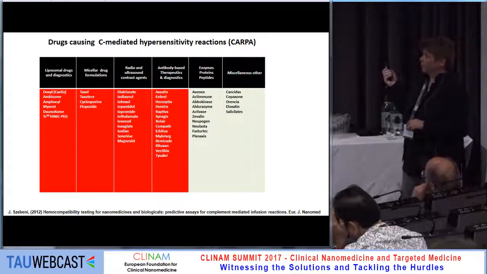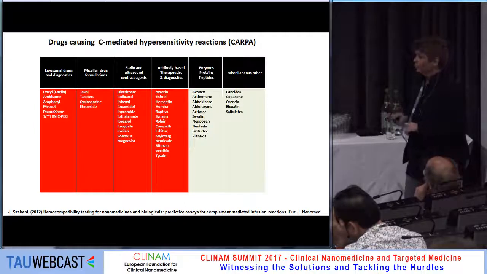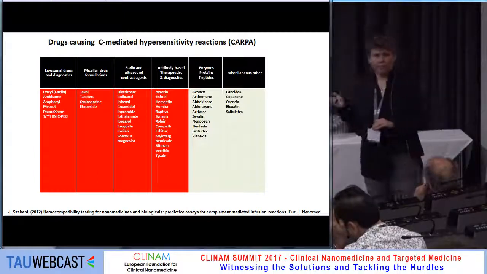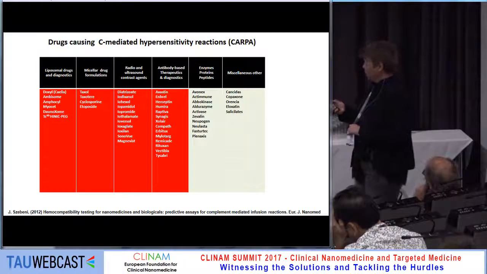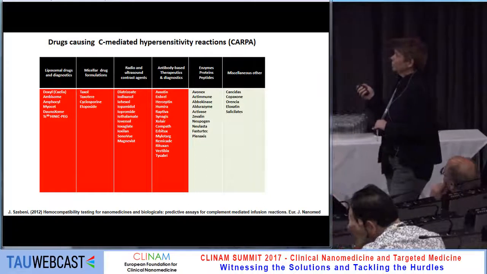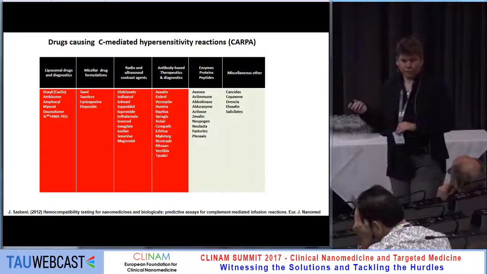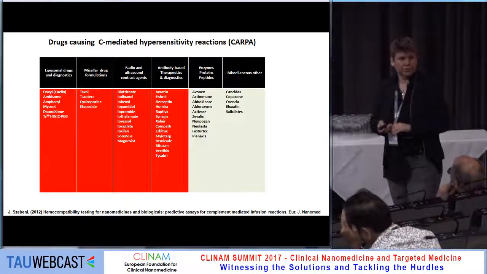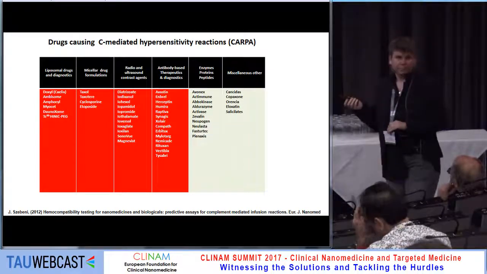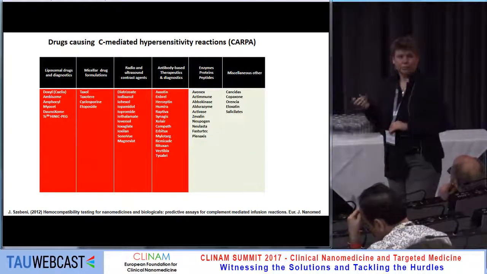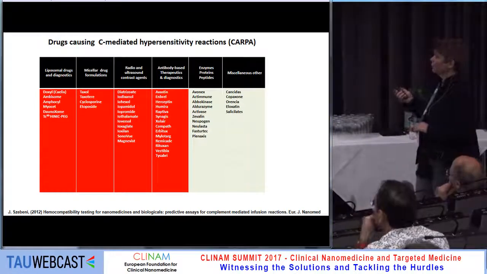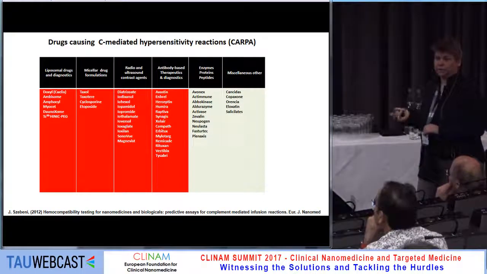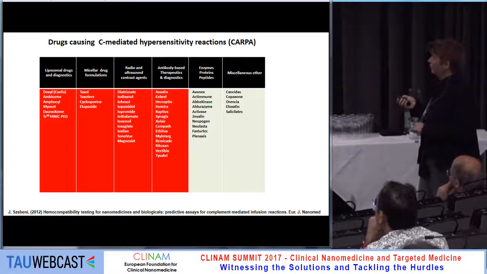But based on what I saw today from Moeen and from Janusz, I think there is perhaps something more behind that, and I will introduce these two particles which are completely different, both in size, in surface functionality, and in some of their properties, and perhaps we can learn something from these particles to design our particles in a way that they prevent kappa.